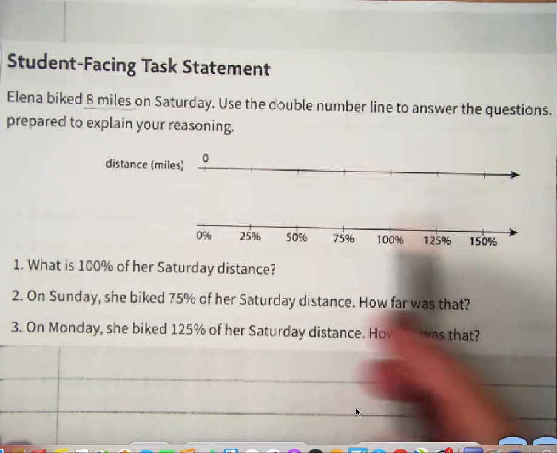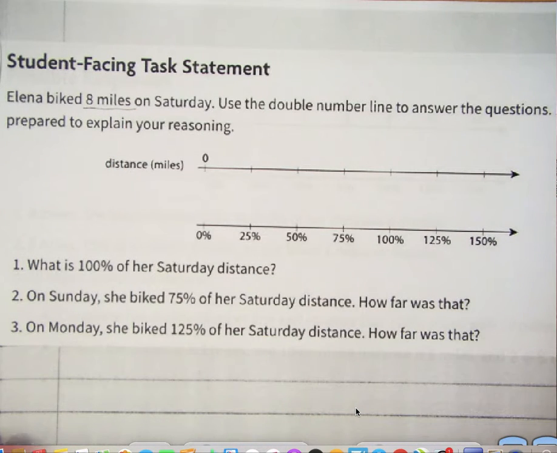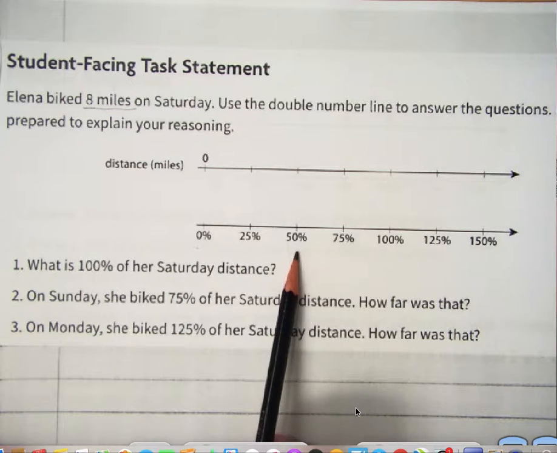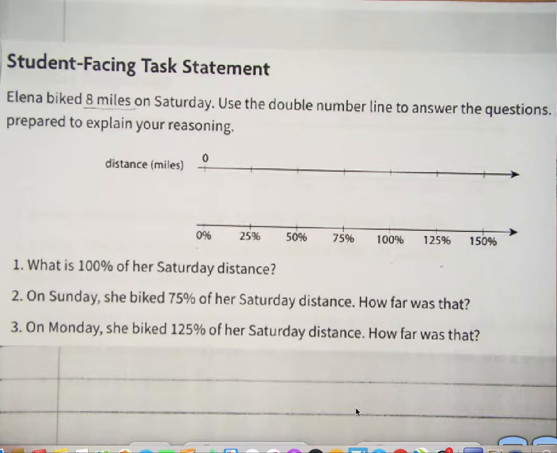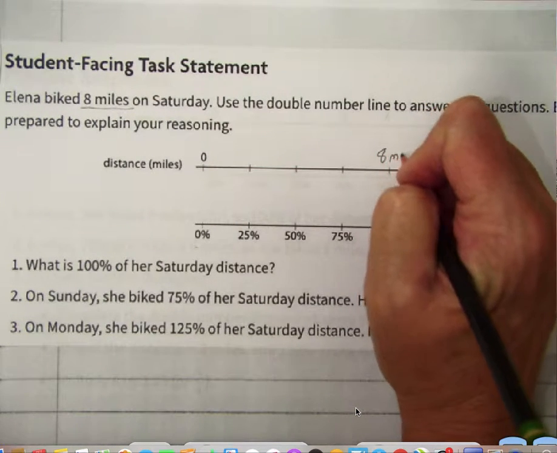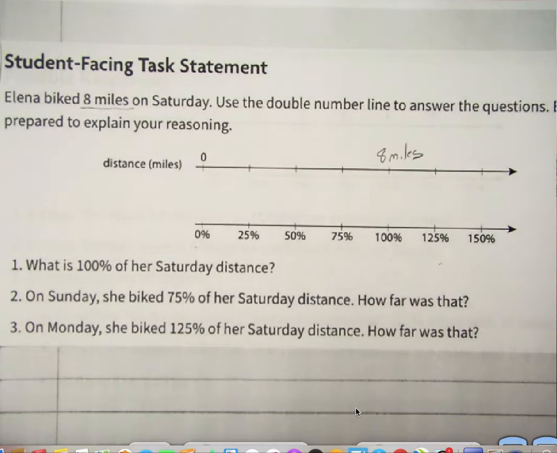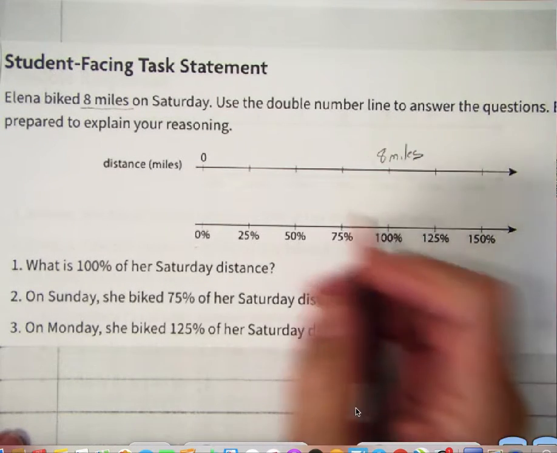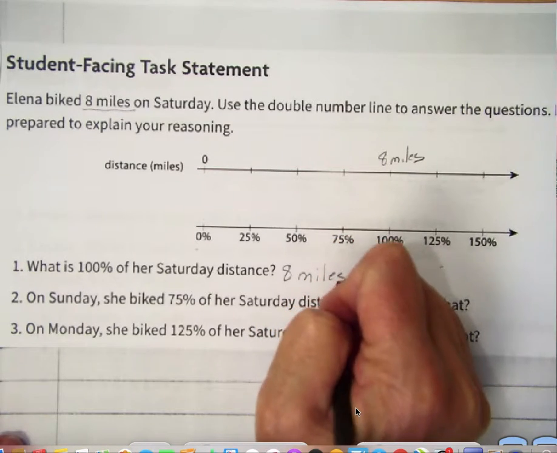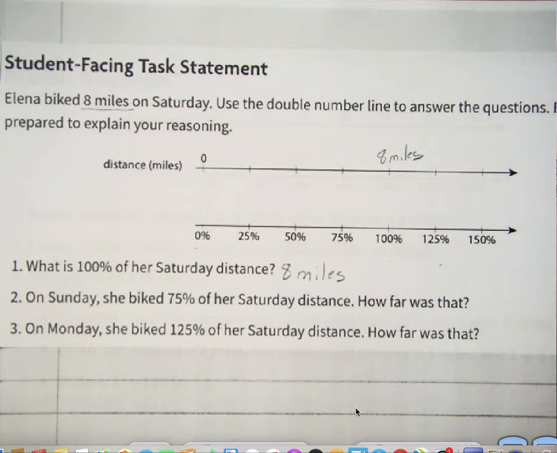So where does that 8 go up here? What does it relate to? Is it 0%, 25, 50? Okay. If you said 100%, you would be correct. Okay, so we're going to put 8 right there. 100% is 8 miles.